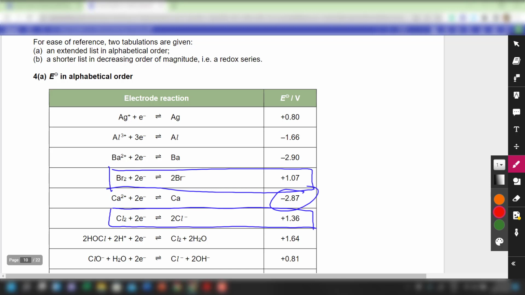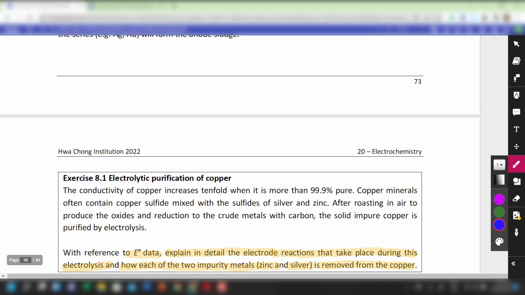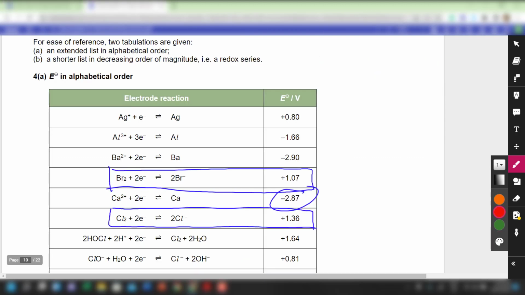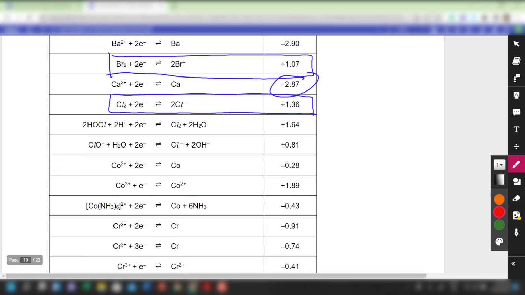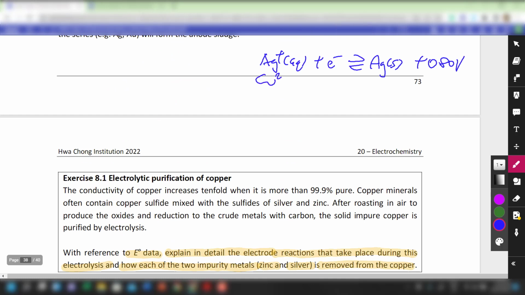Silver plus, silver is positive 0.80 volts, so I'm going to write it down over here: Ag+ aqueous plus electron gives Ag solid, which is +0.80 V. And of course we have copper, which is over here: Cu2+ aqueous plus 2 electrons gives Cu solid, which is +0.34 V.